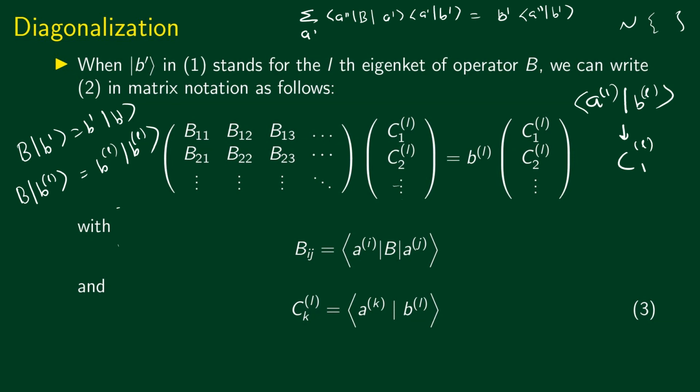These are things we are already familiar with. So what are we doing here? This is the representation of ket BL in the A basis, and this is the representation of observable B in the A basis, with its elements given like this.